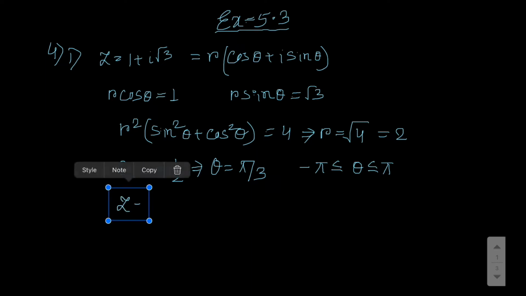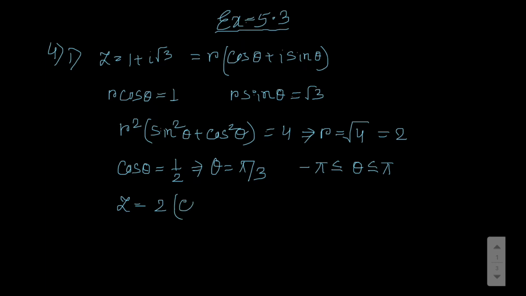So z equal to, as r means 2, so 2, and then write down here cos of theta, here pi by 3, plus i sin pi by 3. Which is the required polar form.